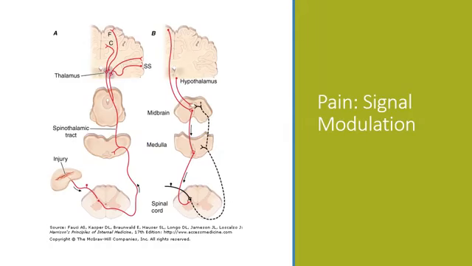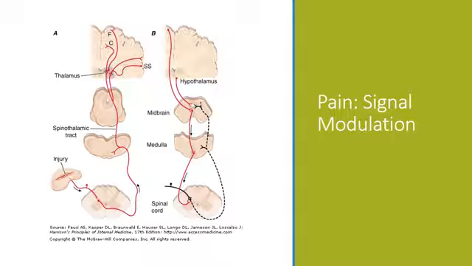Next, in part A of this diagram, we have the injury. We'll pretend once again that the injury is an incision in the gingiva, and we get that initial section of nerve leading from the injury to the spinal cord. That's the primary afferent nociceptor.